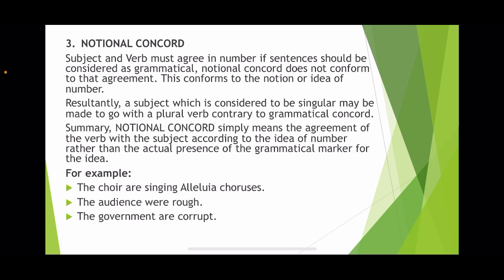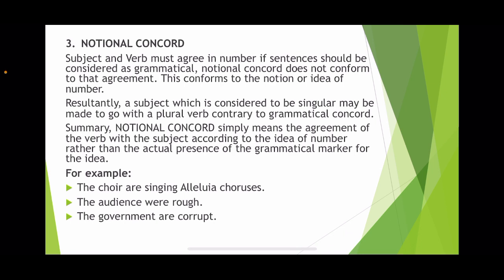Resultantly, a subject which is considered to be singular may be made to go with a plural verb contrary to grammatical concord. In summary, notional concord simply means the agreement of the verb with the subject according to the idea or number rather than the actual presence of the grammatical marker for the idea.